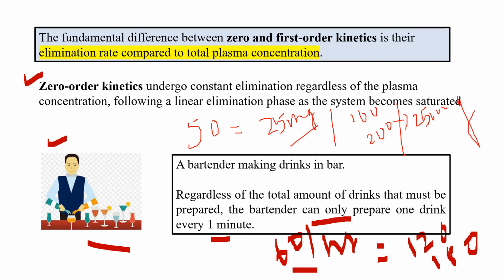So you will have 75 milligram here and 175 milligram here. It doesn't depend on the amount of drug that you are taking. In zero order kinetics, it is a constant amount of drug, not a fraction, that is being eliminated from your body. That is how zero order kinetics works.